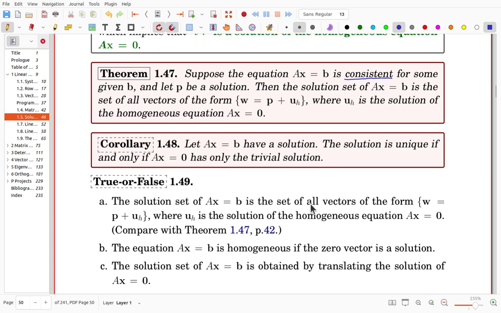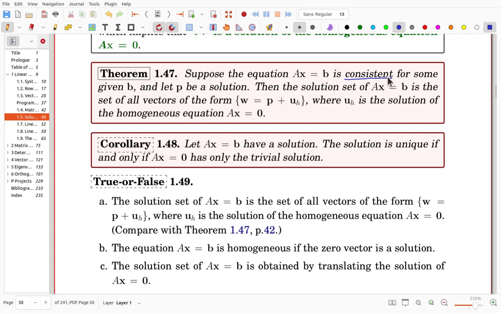This statement is too vague. The given system may not have a solution. Then if we try to write it in this way, it's wrong. To get the solution in this form, first of all, the system should have at least one solution.